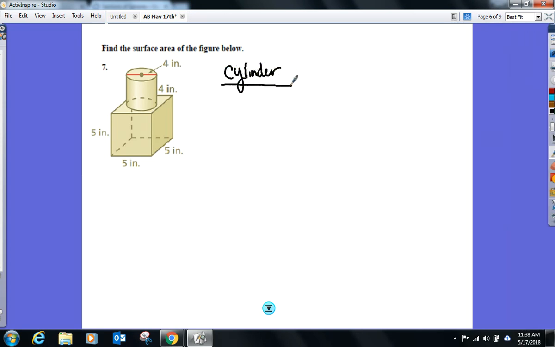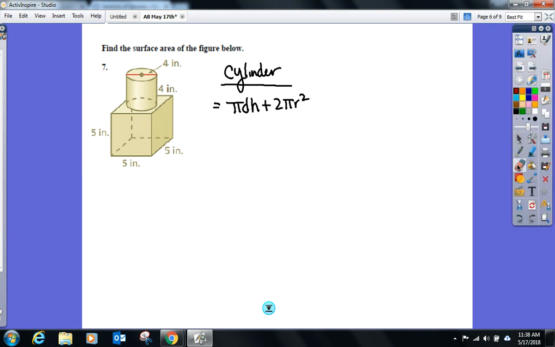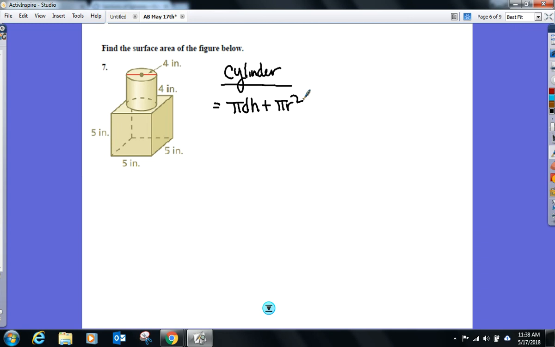And you guys know surface area, pi dh plus 2 pi r squared, but I can't use that formula. What did you just tell me was covered up? One of the bases. So really, I'm going to do pi dh plus, thank you, pi r squared. Does everyone see that? Why I'm not including the second base? Because the darn thing is being covered up by the cube. Surface area is everything that is showing on the outside.